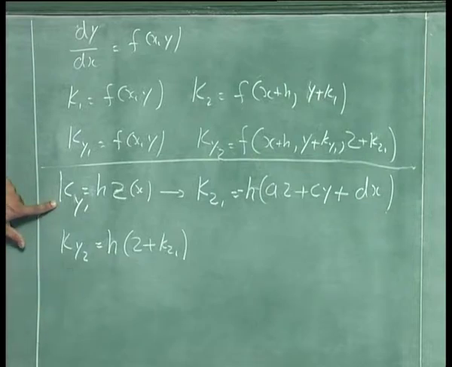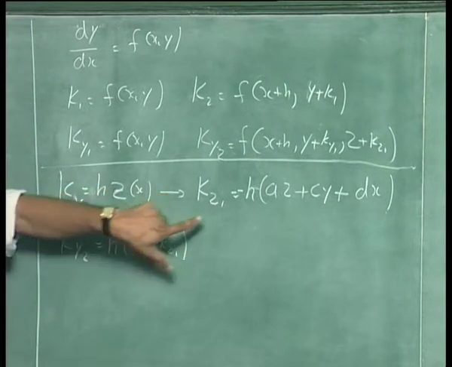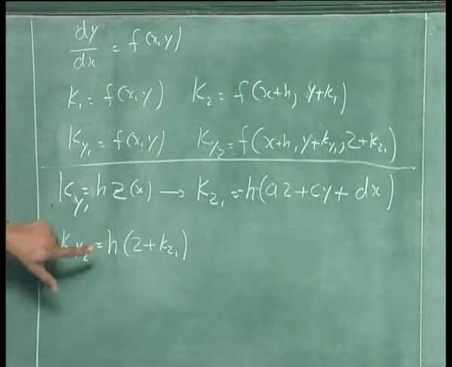So we do ky1, then kz1, but before we do ky2 we have to do kz1 because we need it there.